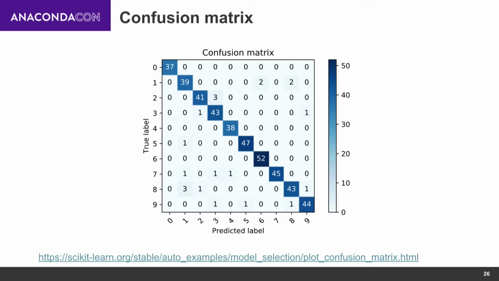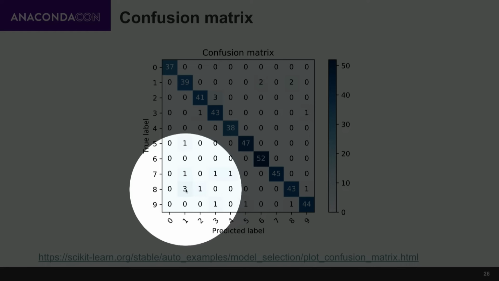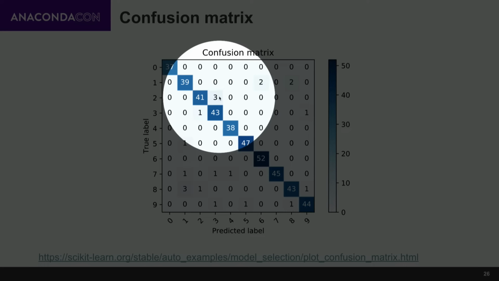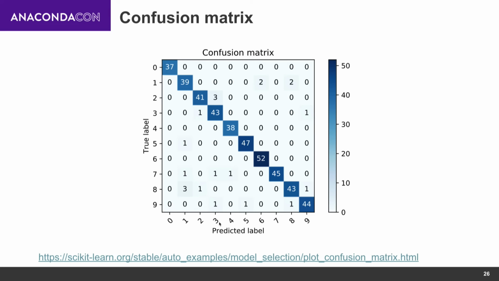You're going to have the same story with the true label in the rows, predicted in the columns. The diagonal represents the correctly classified examples, but then you can diagnose and see, for example, that 8 is mistaken for 1, or 2 is mistaken for 3 for some reason, and you can make adjustments based on what you know about the data. In some cases, something will be expected. In some cases, you can see an indication that something's really going wrong with the model.